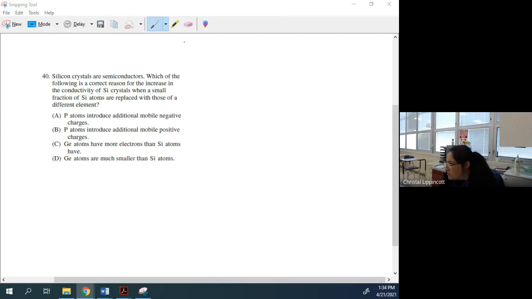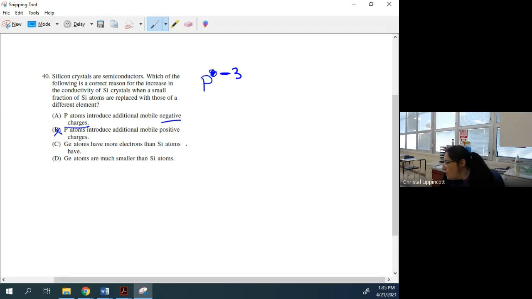When phosphorus is sitting here, what's phosphorus going to want to do to become stable? Gain electrons, right? So he's going to want to gain 3 electrons, which is going to give him a -3 charge. So that he's going to introduce negative charges, isn't he? So B's out.